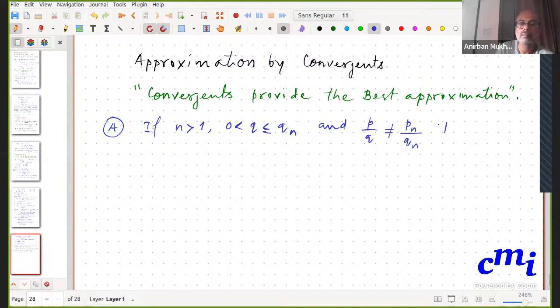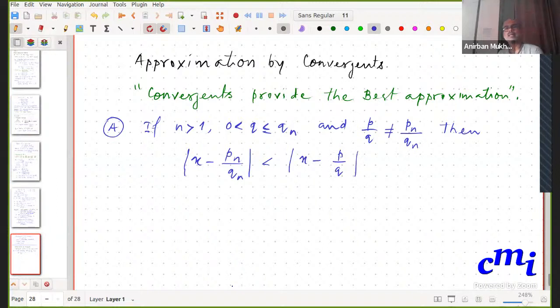Then the difference of x and pn by qn, where x is the number we are trying to approximate and pn by qn is the nth convergent, is less than the difference of x and p by q.